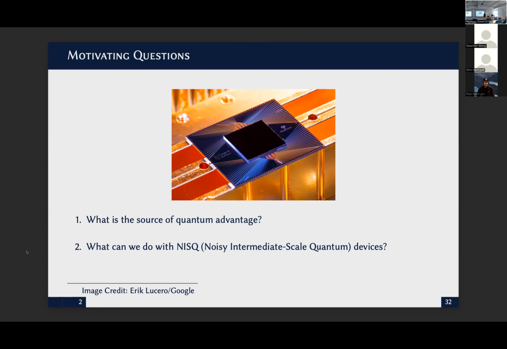There are many elements that appear to be necessary, such as quantum entanglement, but these themselves are not sufficient. Further, despite many of these exciting algorithms being known theoretically, the devices we have today are still quite noisy and small scale. Shor's algorithm is fantastic, but maybe not so much when all you can do is factor 15.